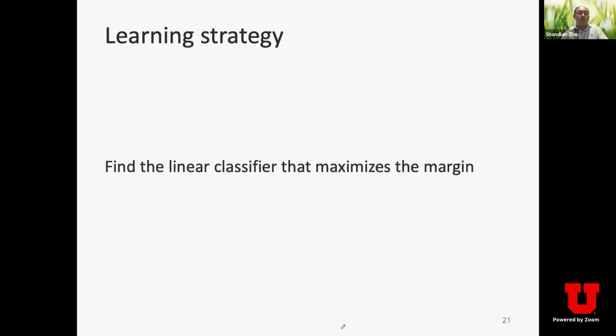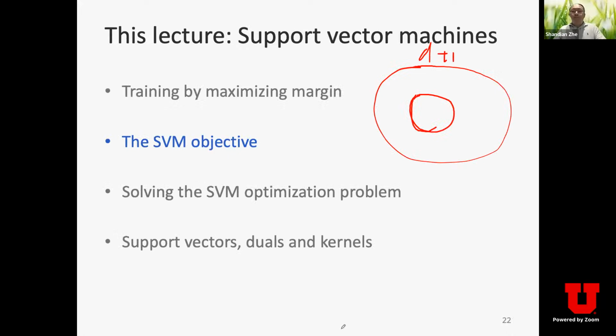So if we find the linear classifiers that maximize the margin, we restrict our search space to a small subset of linear classifiers with the smallest VC dimension, and then we expect a better generalization bound. So that's the whole justification for why we should maximize the margin during training. I hope everybody is able to understand this logic chain.